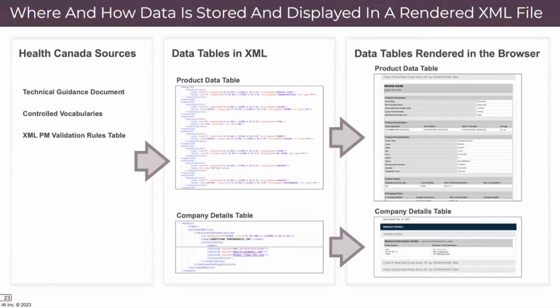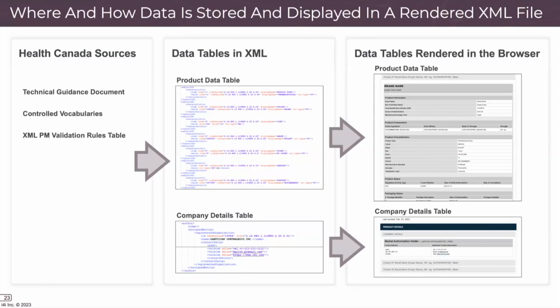You also need to add metadata about the companies involved in the product, including the market authorization holder and, if applicable, the importer or distributor. The company names must be a valid one from Health Canada's control vocabulary lists. The metadata structure is quite complex and isn't something most people would want to create manually.